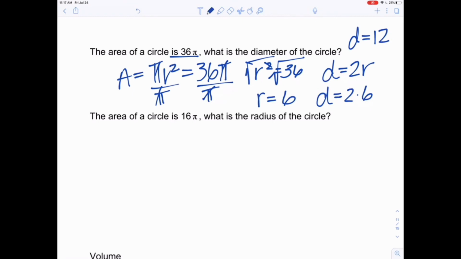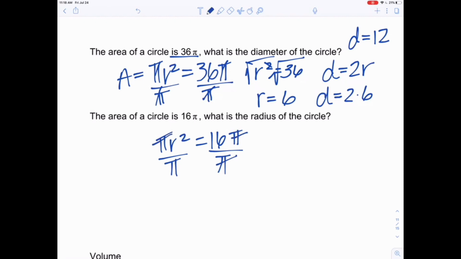Okay? All right, let's keep going. It says the area of a circle is 16 pi. What is the radius of the circle? Area is pi r squared, which is also equal to 16 pi. So I'm going to erase it. I'm going to divide by pi.